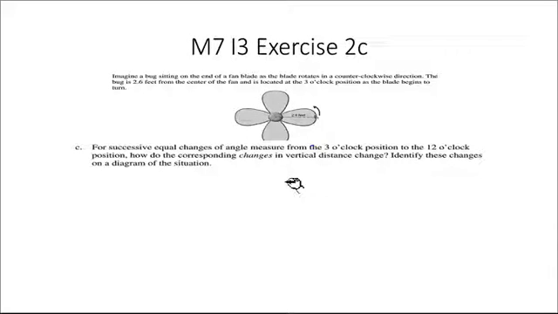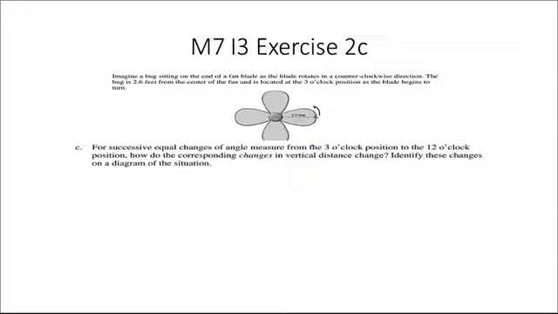So arguably the most important component of this question we need to talk about is part C, where it talks about successive equal changes of angle measure from the 3 to 12 o'clock position, and talk thoroughly, descriptively about what's going on with the change in vertical distance, and to identify these changes on a diagram of the situation.